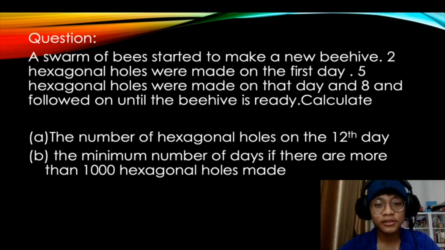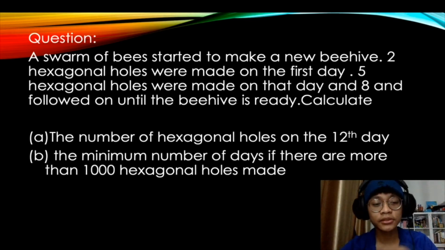Okay, let's solve a question. A swarm of bees started to make a new beehive. 2 hexagonal holes were made on the first day. First day 2. Then 5 hexagonal holes were made on the next day, and 8 on the following, until the beehive is ready. Calculate the number of hexagonal holes on the 12th day.